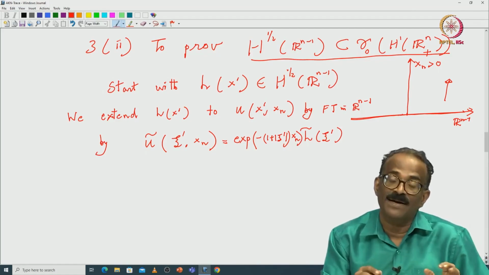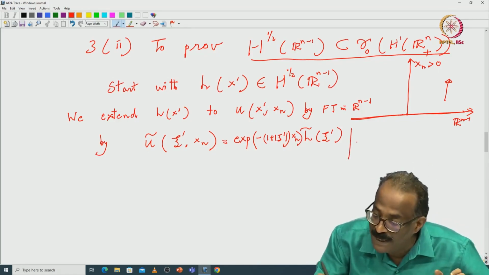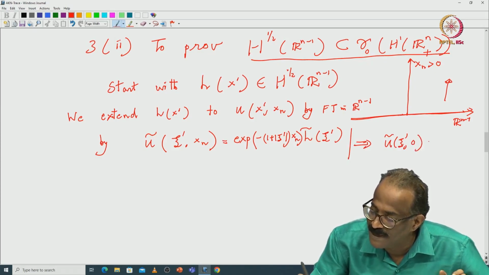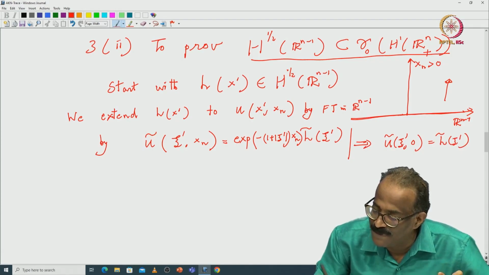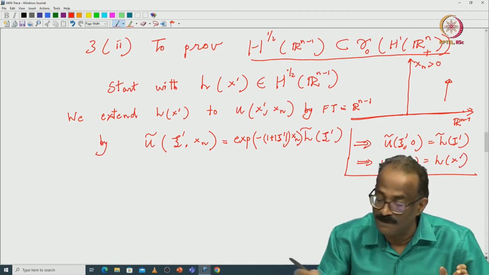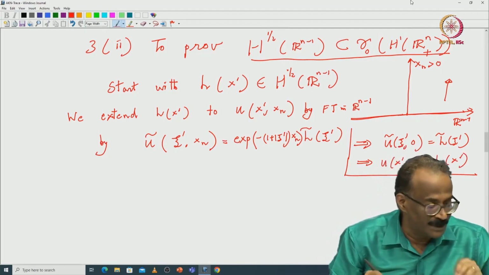So you get u tilde of (psi', 0) equal to h tilde of psi', which implies by uniqueness that u of (x', 0) is equal to h of x'. So that part is cleverly done. You do not have to worry about this one.